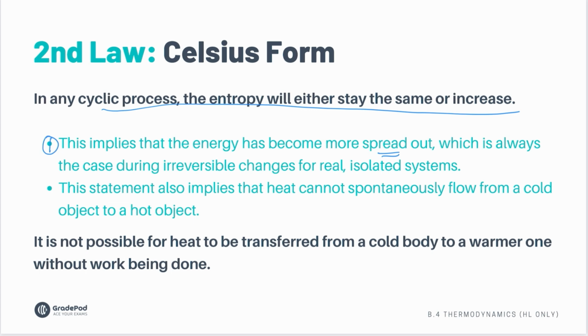And the second implication is that heat can't spontaneously flow from a cold to a hot object. And with those two implications in mind, he came up with his version of the second law of thermodynamics. And he said, it is not possible for heat to be transferred from a cold body to a warmer one without work being done. And that is his version of the second law of thermodynamics.